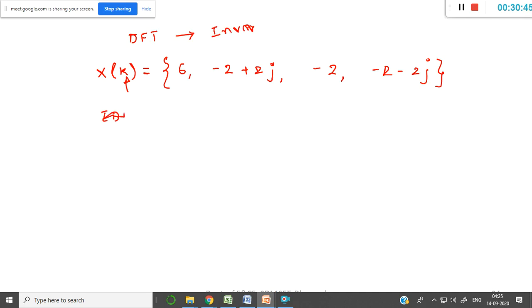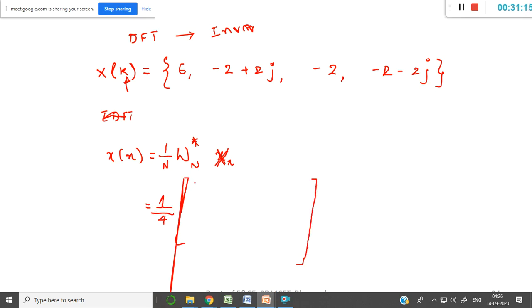So you need to put in the IDFT formula and calculate. How do you find it? x of n equals WN conjugate times capital X of k, and the entire thing you divide by N. So let me write this: 1 divided by 4, and here you write the matrix. That is 1 1 1 1, 1 1 1 1.